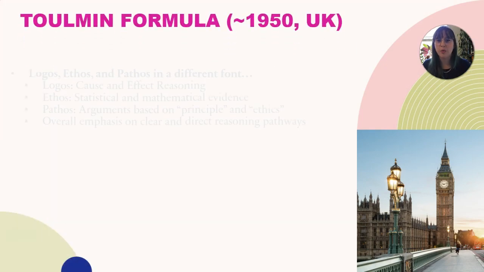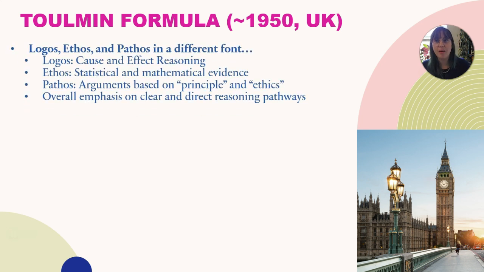Next, I want to look at the Toulmin formula. Admittedly, not my favorite. This one is coming at us from about the 1950s in the UK. I think of it as logos, ethos, and pathos, just in a slightly different font, where logos tends to emphasize cause and effect reasoning as the primary reasoning style.